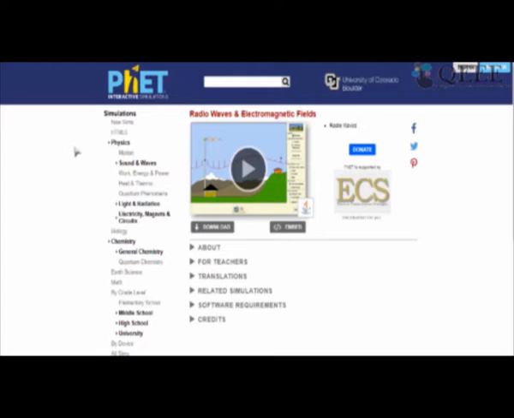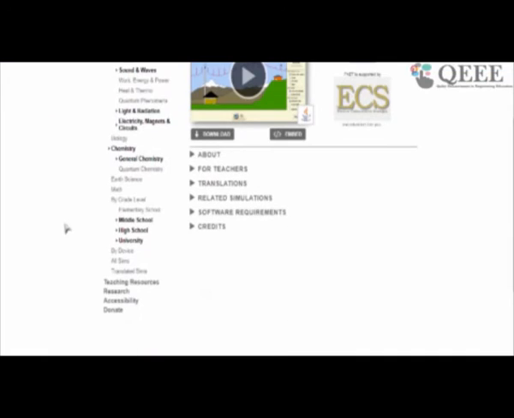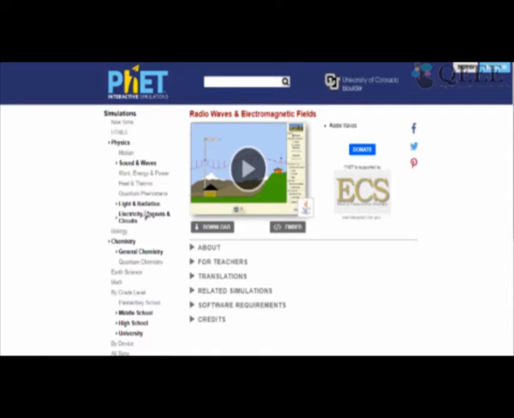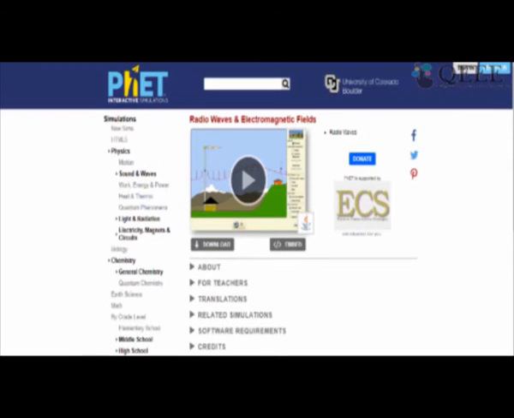It's freeware developed by University of Colorado Boulder, and if you click on one of these, radio waves and electromagnetic waves, this is the simulation we saw the other day, where we were wiggling the electric field and generating a magnetic field. You can go and take a look at that.